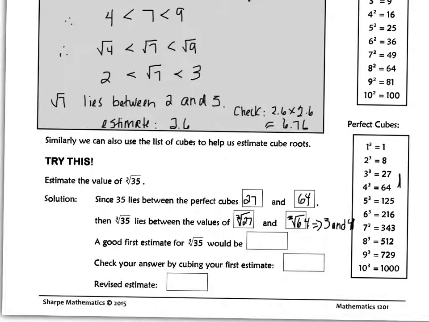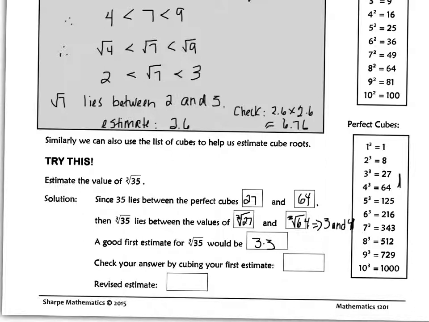So that means that our number, cube root of 35, is a value between 3 and 4. And 35 is a bit closer to 27 than it is to 64. So I'd probably go a little bit less than halfway between 3 and 4. So for example, a good first estimate might be 3.3.